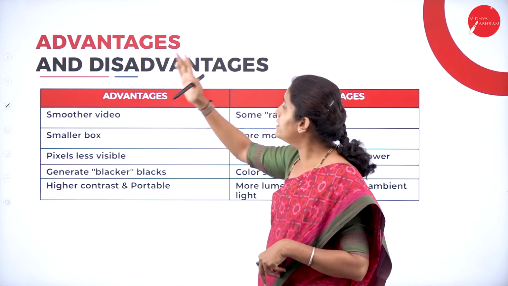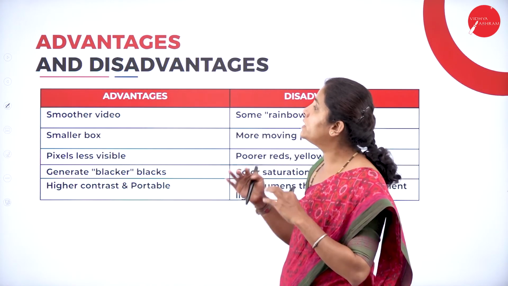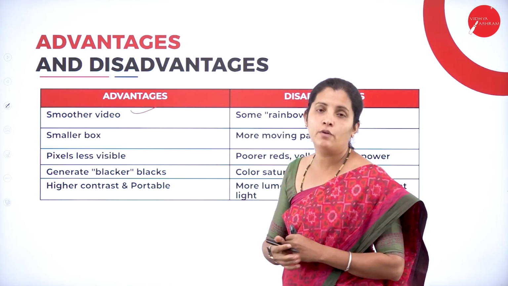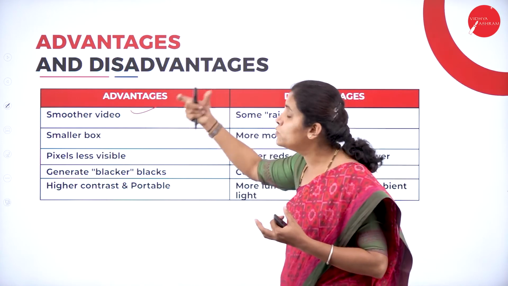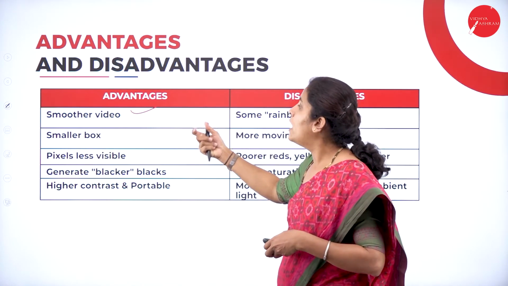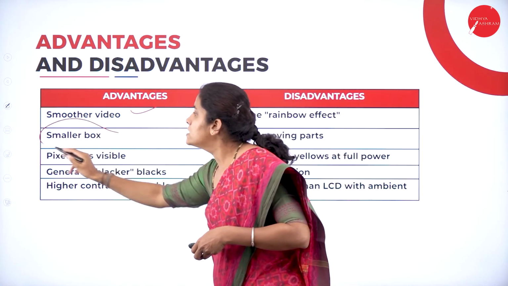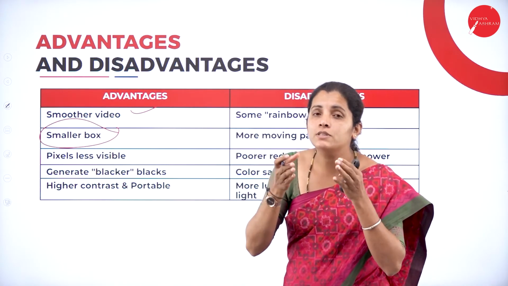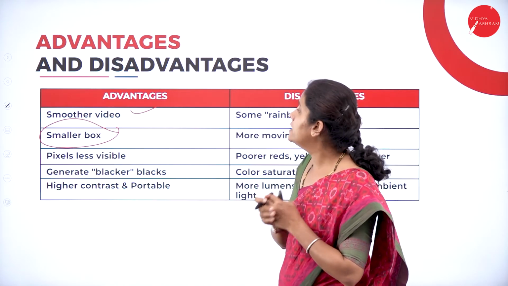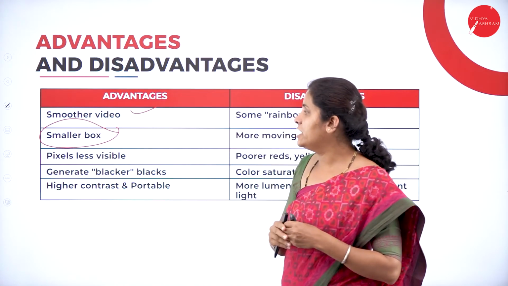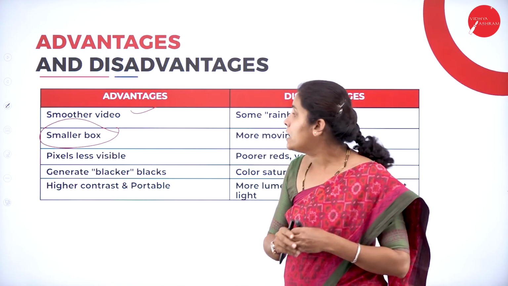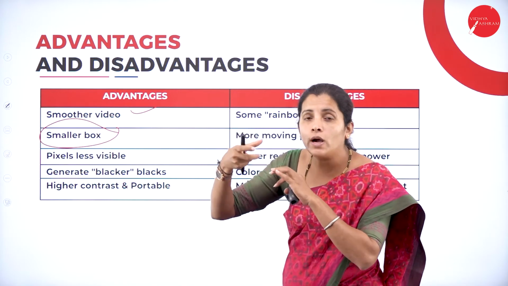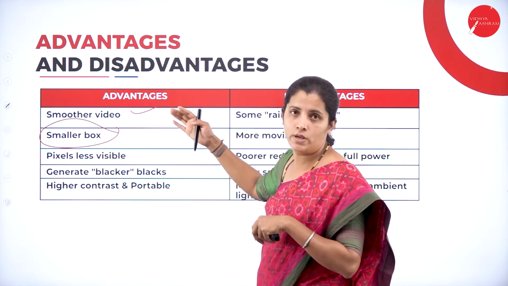Moving on to the advantages and disadvantages of DLP. What is the first advantage? It is smoother video. The video quality is smoother in DLP and it comes in a smaller box. The next advantage is that pixels are less visible.